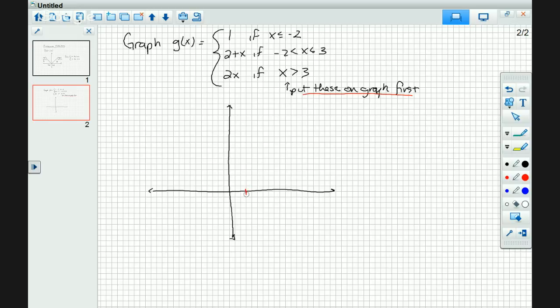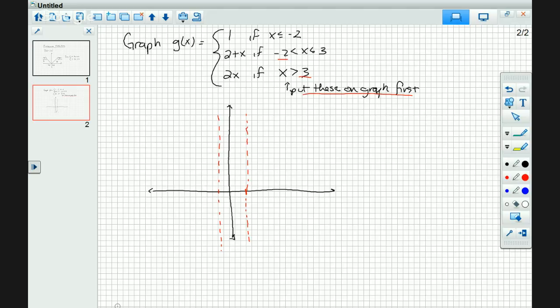3. And I actually just put them in as a dotted line. And 3, -2. We're good.